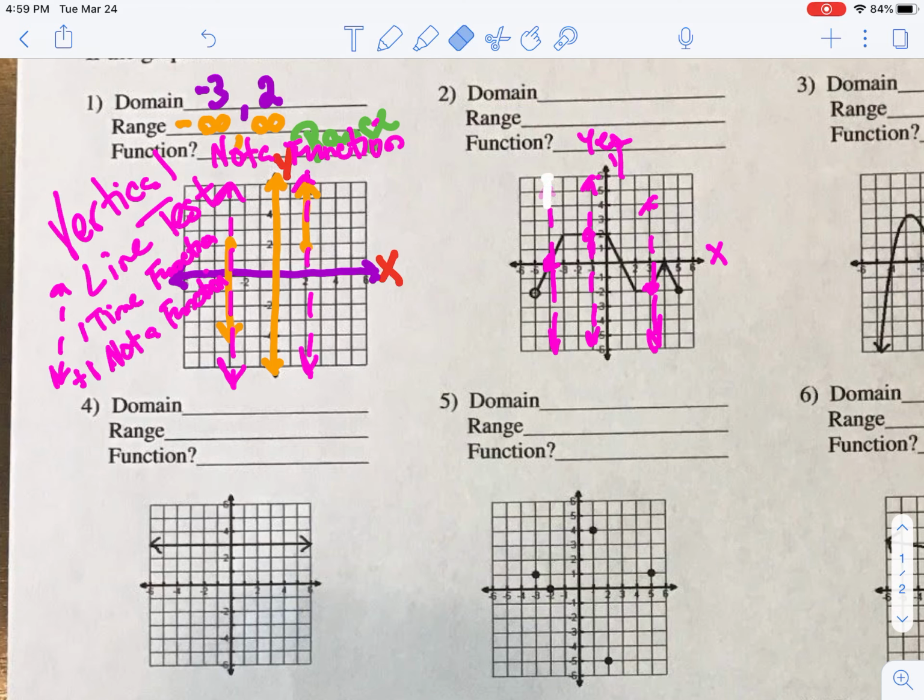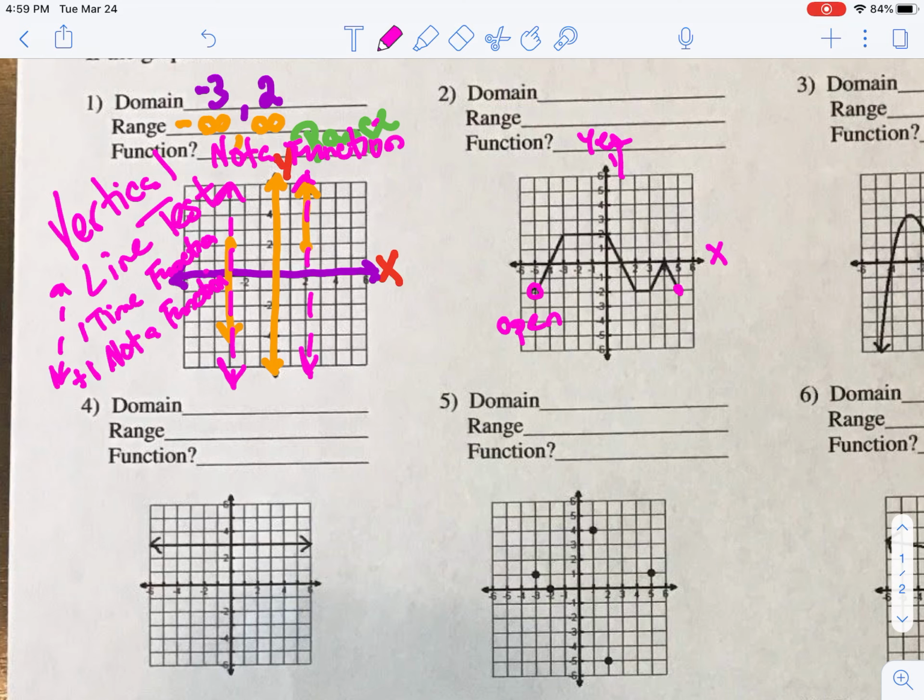Okay, so I'm going to erase those vertical lines so we don't get confused. And let's go on to domain and range. So we said domain is on the x-axis. So for our domain here, I want you guys to notice the two circles that we're working with here. This circle here is an open circle.